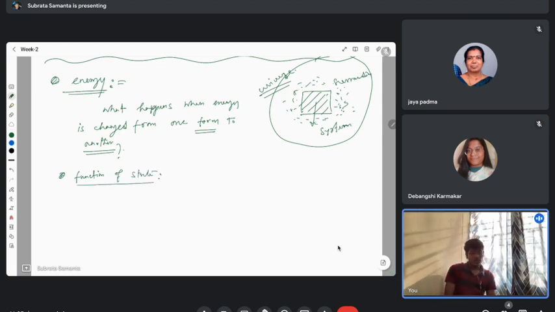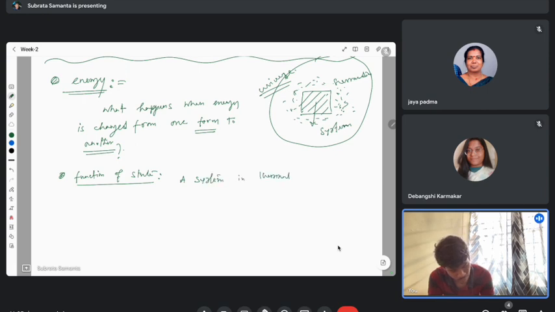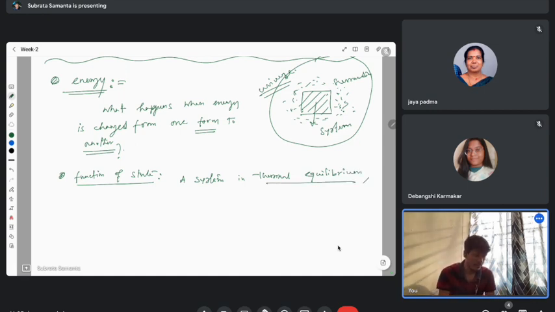When a system is in thermal equilibrium, then all the macroscopic observable properties are fixed.